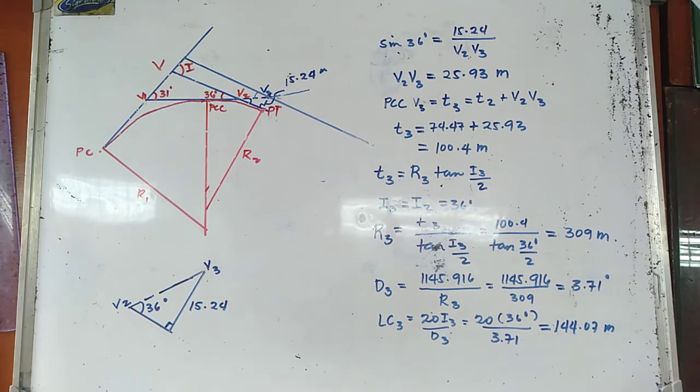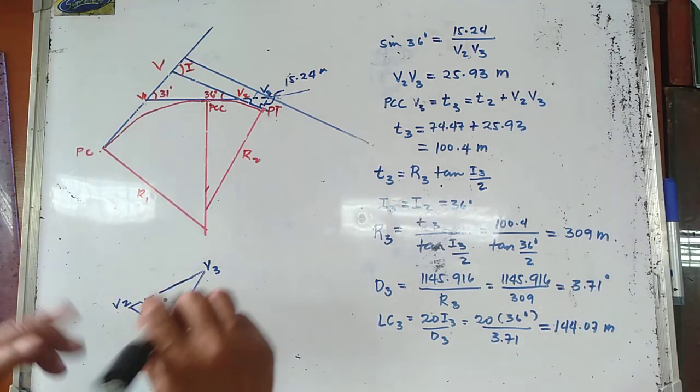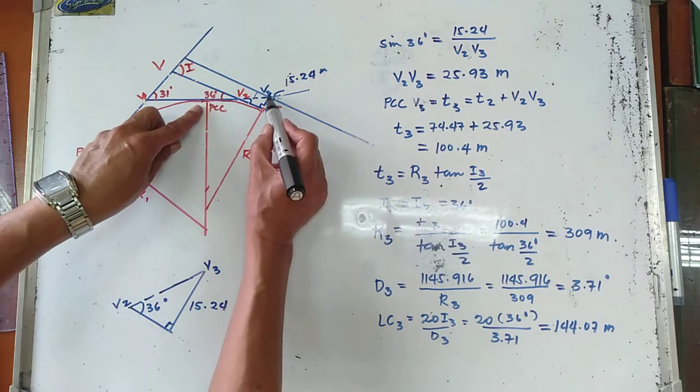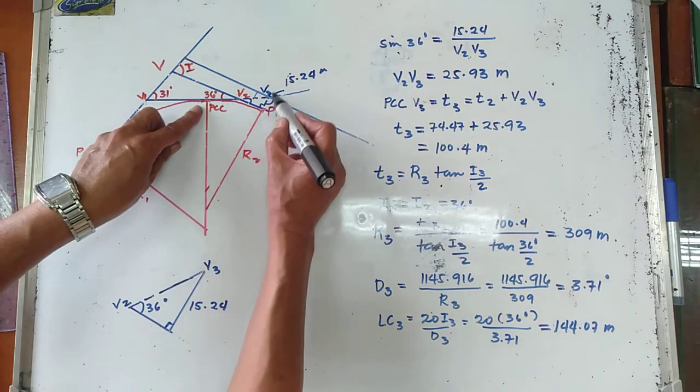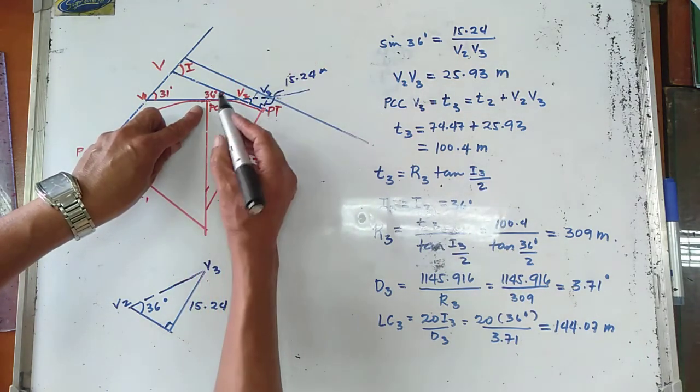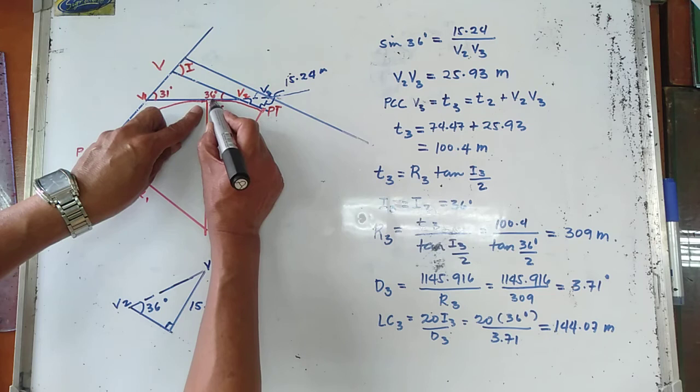That is now your LC3. So hence, the new curve in here is now this curve in here. So this is now the new curve. Okay, so the PCC remains the same. That is now the new vertex because we have to move PT 15.24 meters out. And this is therefore the new curve.